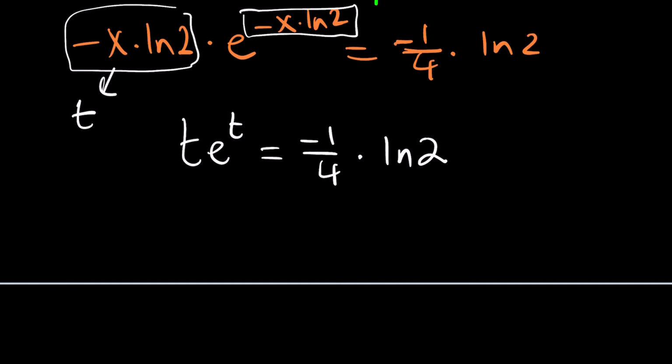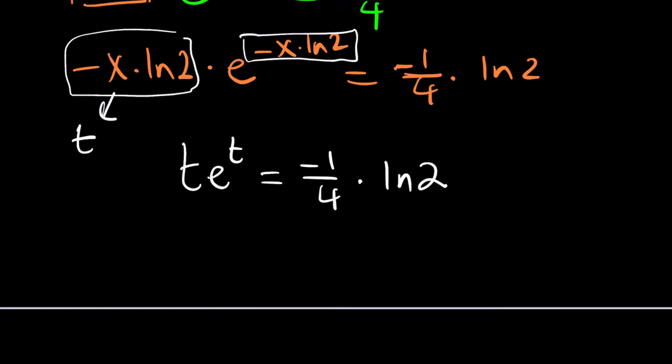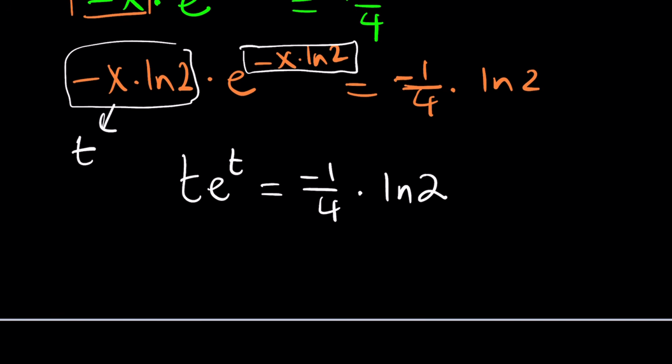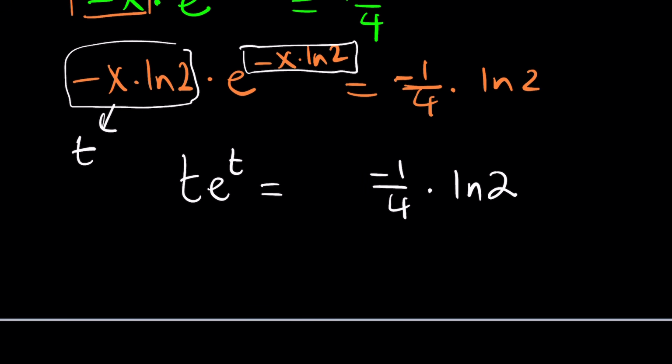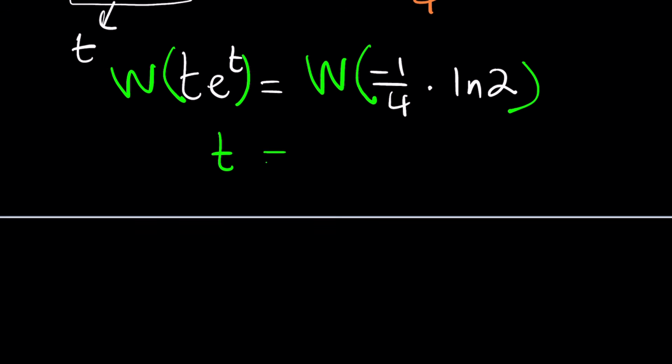We got t e to the t, which is nice because if we apply Lambert's W function on both sides, and let's go ahead and do that right here to save some space and time. Let's go ahead and apply our super Lambert's W function on both sides. This is going to give us t, as you know, this is product log, by the way, is W of -1/4 times ln 2.